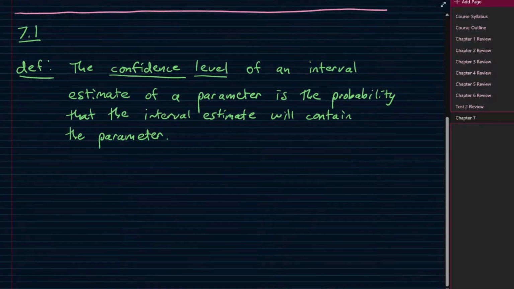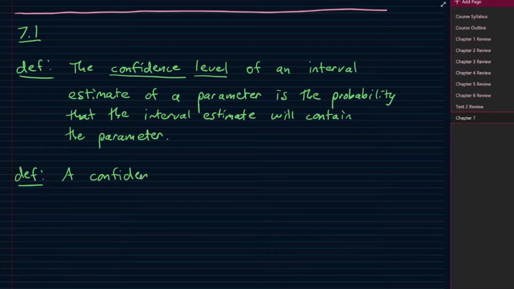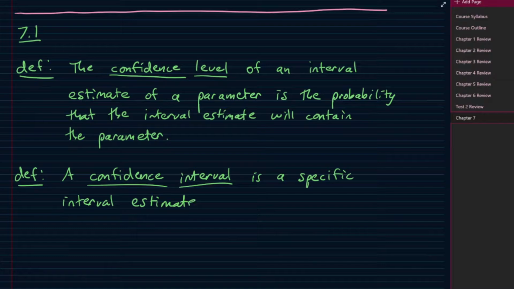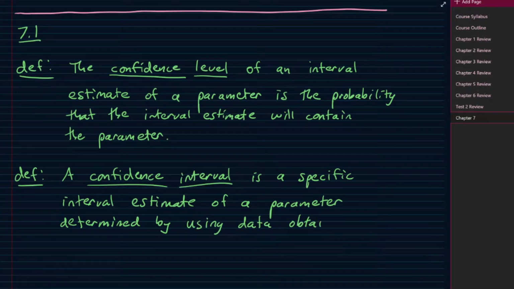And so a confidence interval is a specific interval estimate of a parameter determined by using data obtained from a sample.